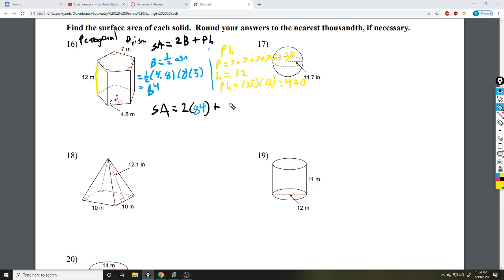So we're going to transfer it right down. So our final answer, let's see, 168, so 588 meters squared. Surface area is still an area, so meters squared.